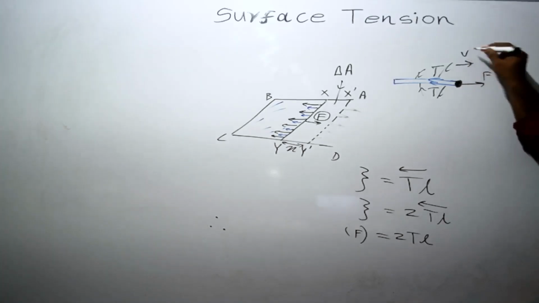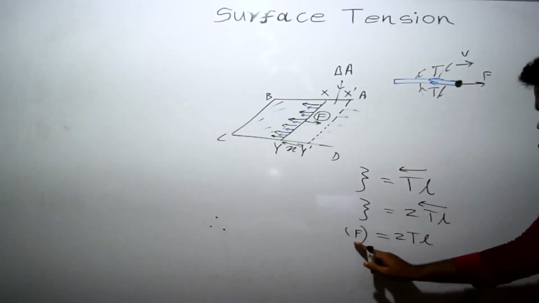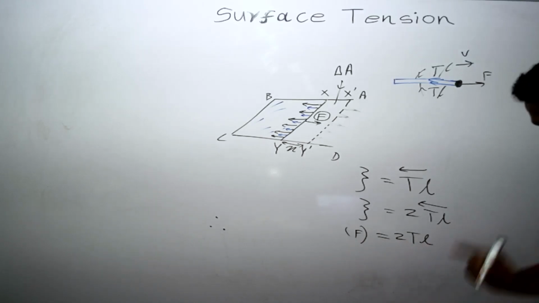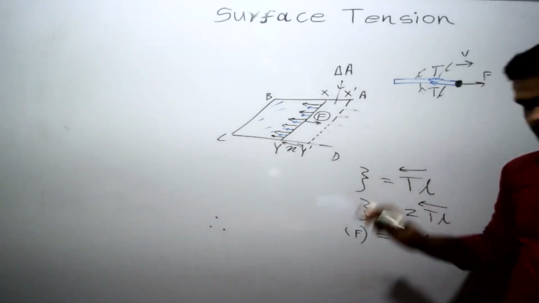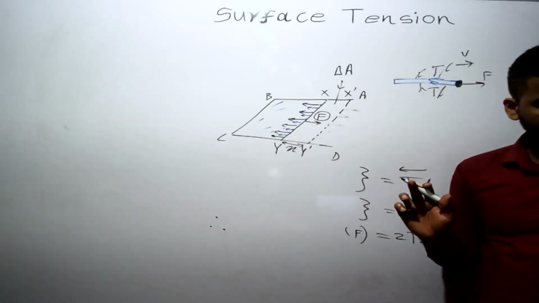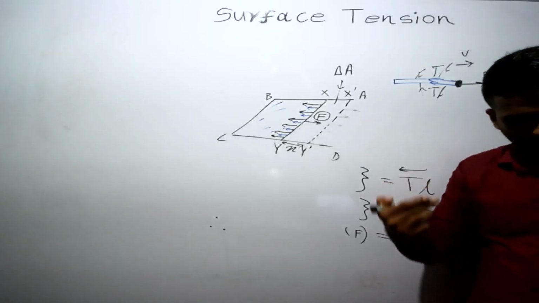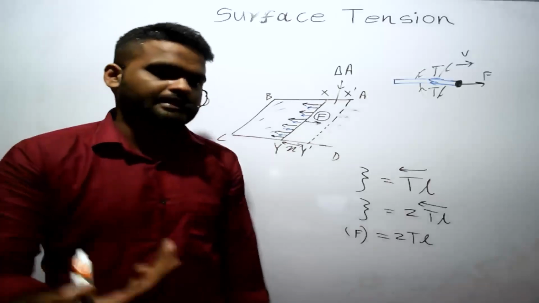Actually, it is being brought at constant speed. Then this F, the required total force, is equal to 2TL. I think you understood that. You can further study this on your own, then it will be clearer.